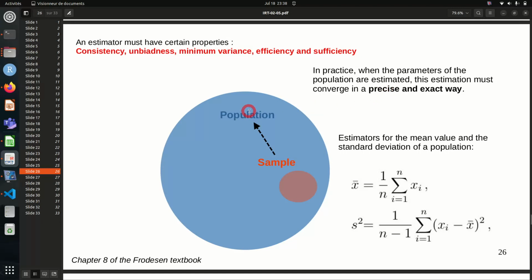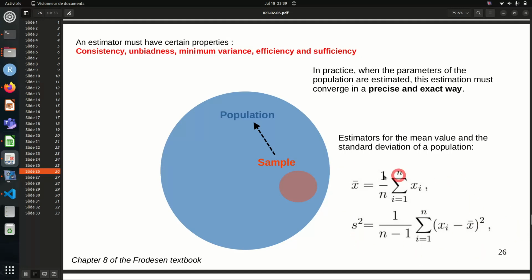So if you aim at the right value of the population and you compute it with the sample, you should go straight to this value and not diverge. And when you set these properties, you see that the mean value and the variance must be defined by these equations.